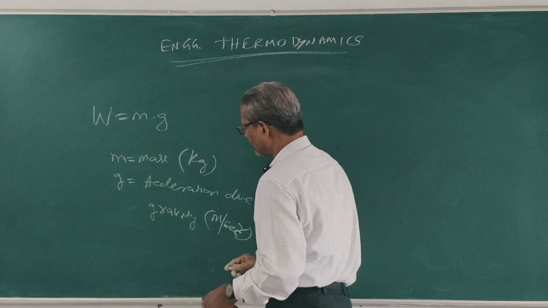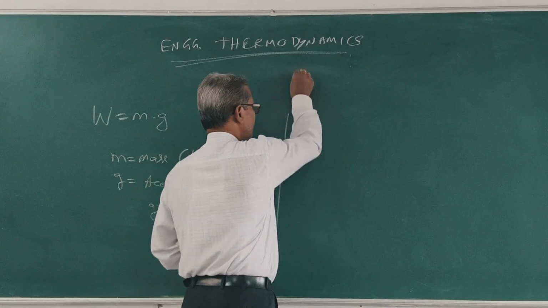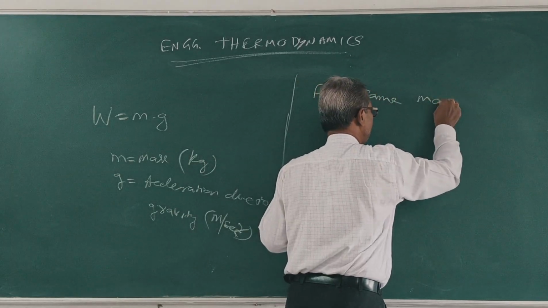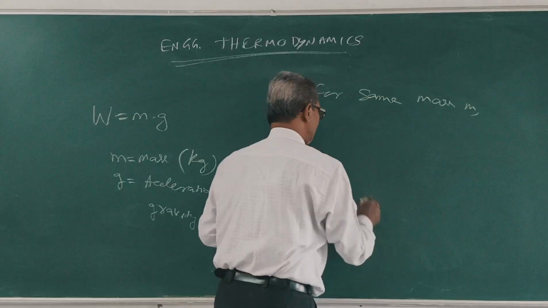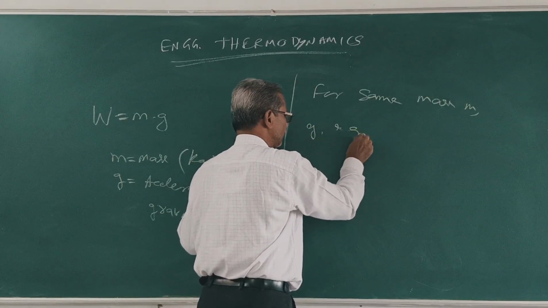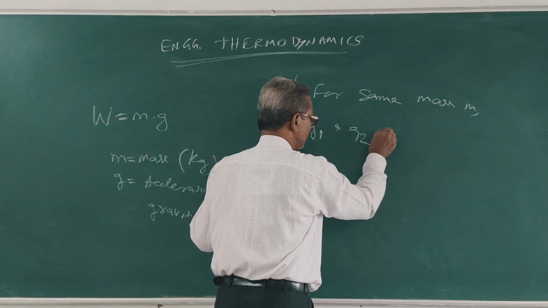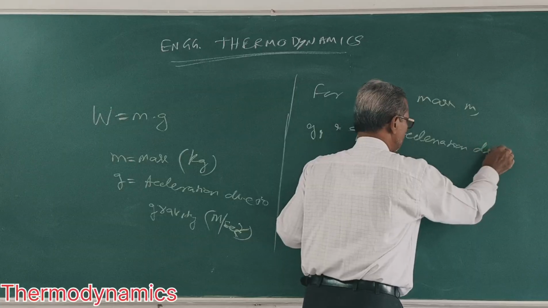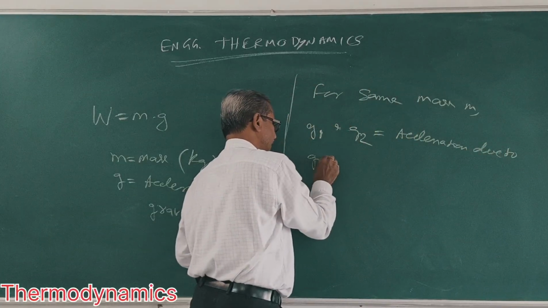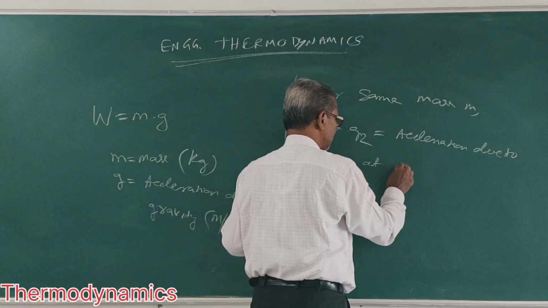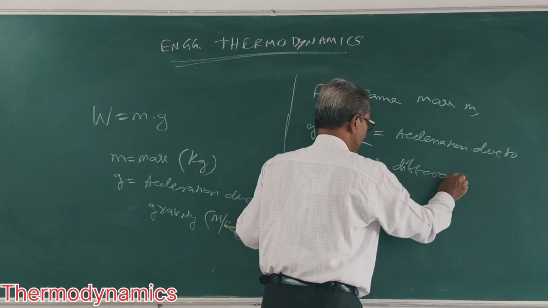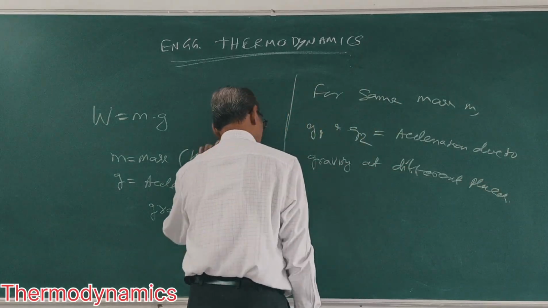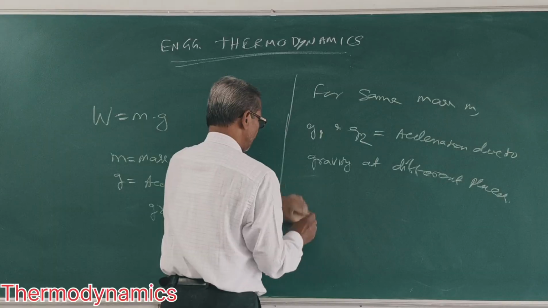For the same mass m, let g1 and g2 be the acceleration due to gravity at two different places. Then what is W1?